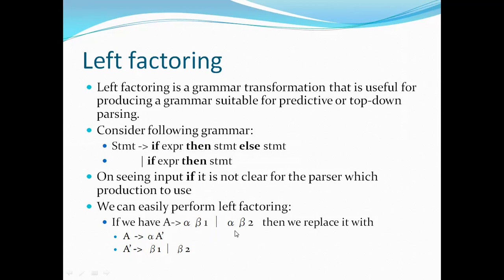Here A is production with alpha beta 1, and we also have alpha beta 2. We try alpha beta 1 first, so we go for backtracking, and then in the next step we achieve the result. In that situation we use the left factoring concept.